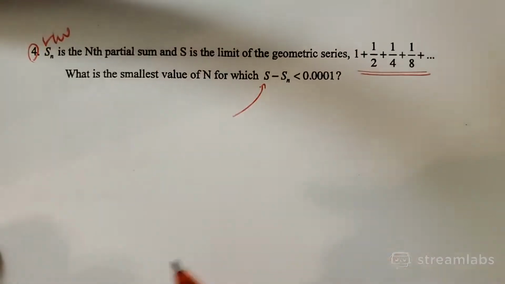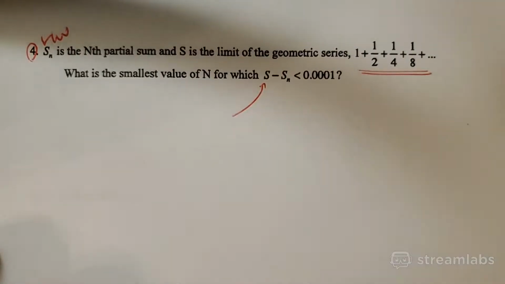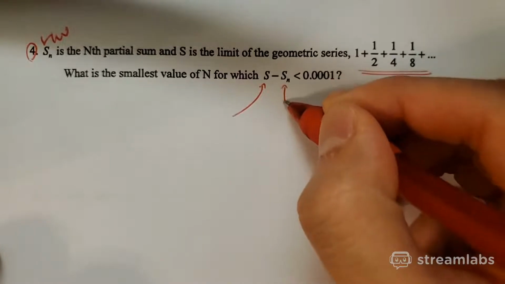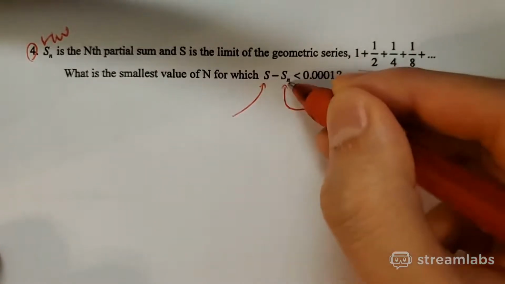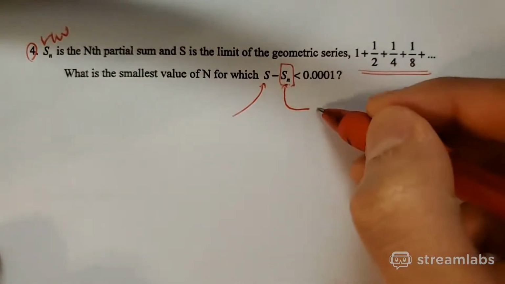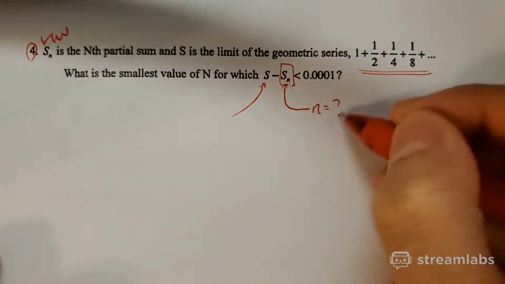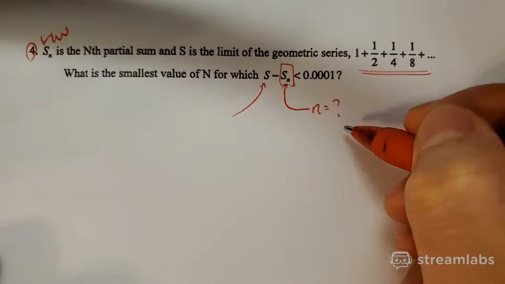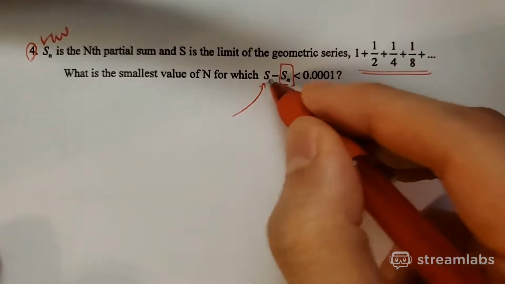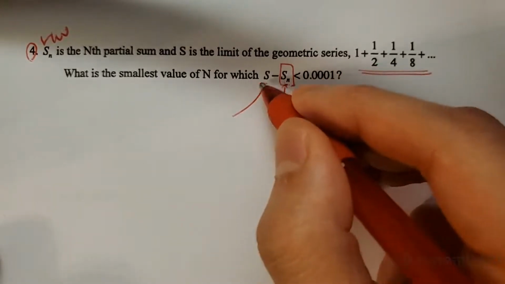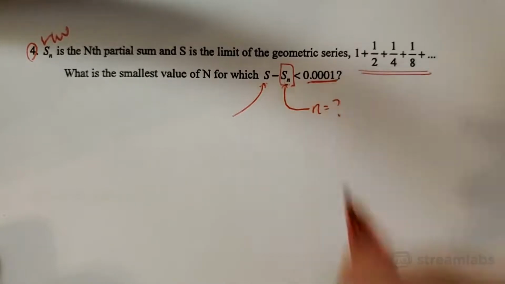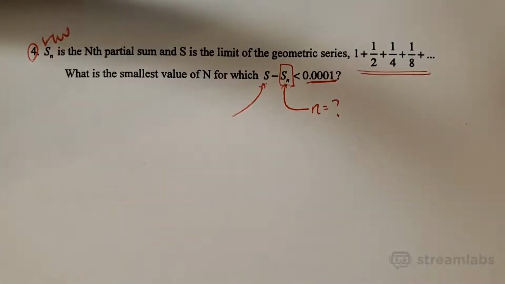Okay, that will be a number. We kind of talked about what this number is going to be. And you're taking a difference between this number and a finite series. You need to decide what n has to be, at least that number, so that the difference between the sums is less than this.